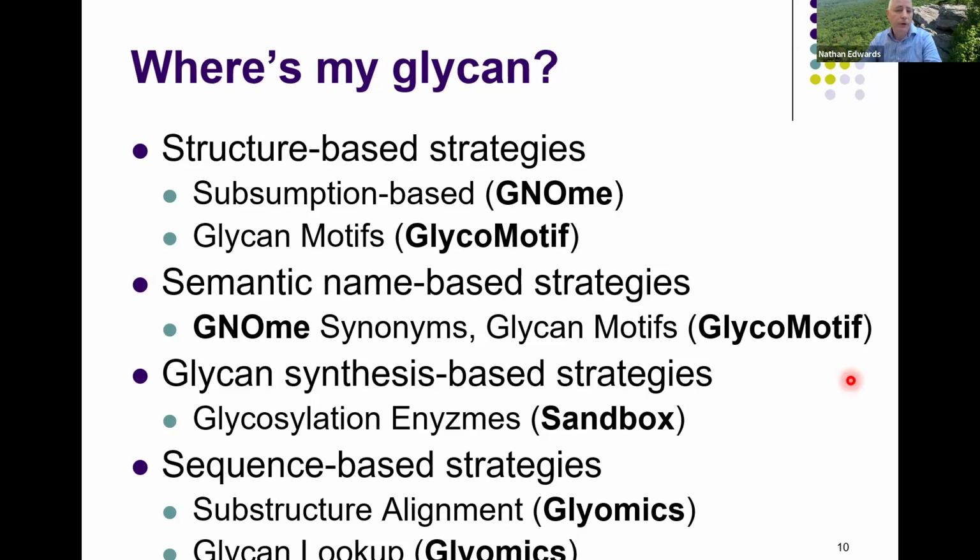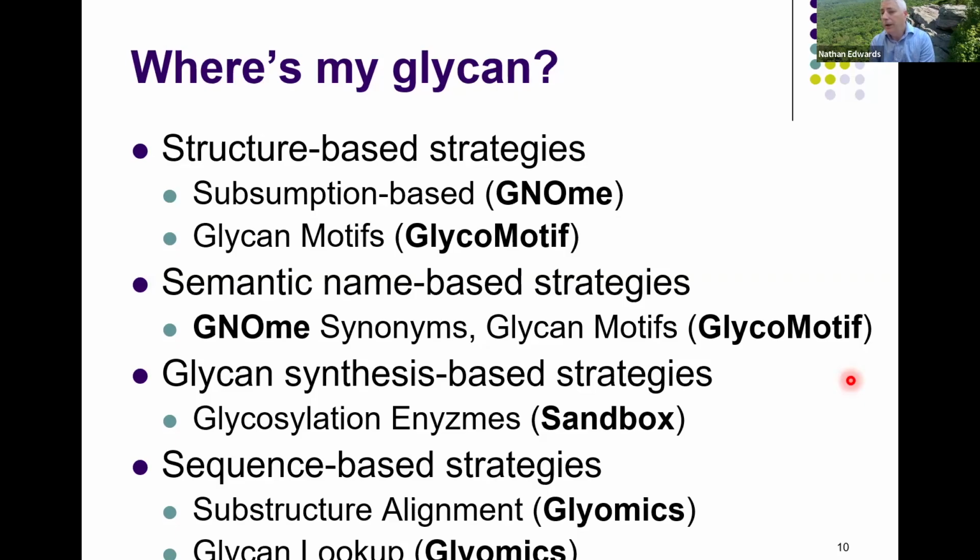The Glycan motifs allow us to describe specific parts of each structure and to name them and make them available for search. We have various semantic name-based strategies. In particular, the GNOme synonyms allow us to go from composition strings and other synonyms to a specific structure, as do the Glycan motifs.